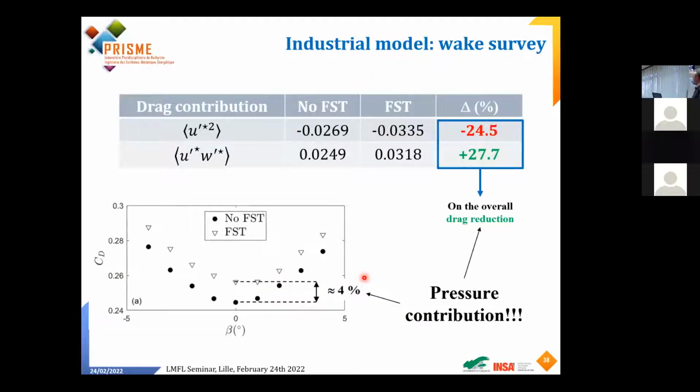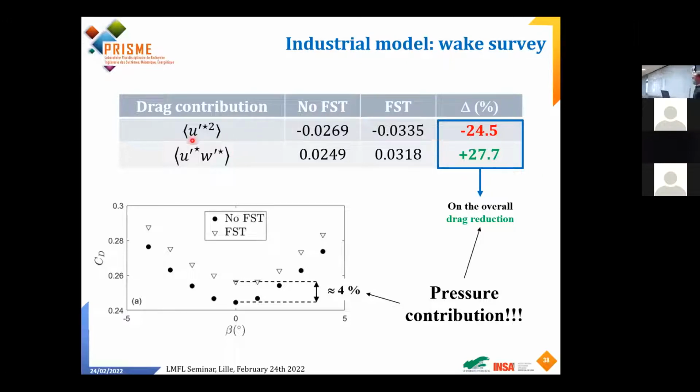So now if I put this all together, here are the drag contributions coming from the u prime squared term, which is the value here from the no free stream turbulence. Here it's the value using the free stream turbulence, and the difference represents plus 25% almost.